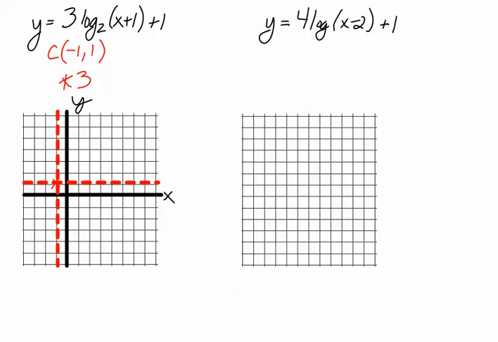Then, for a log, usually the first point is just right 1. In fact, it's always just right 1. Then, we're going to go to the right 2 from the center point. And we're going to then go up 3 in this problem because we're multiplying vertically by 3.